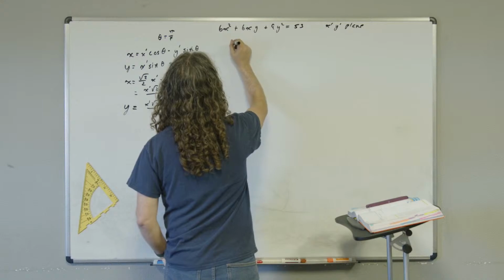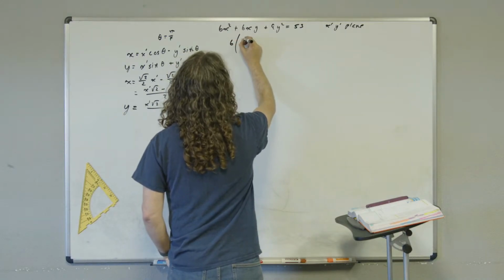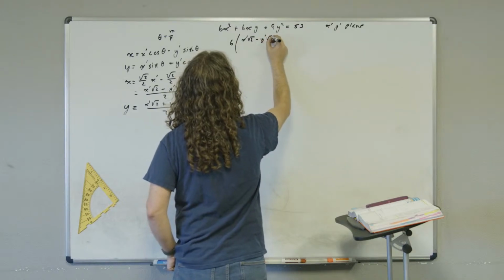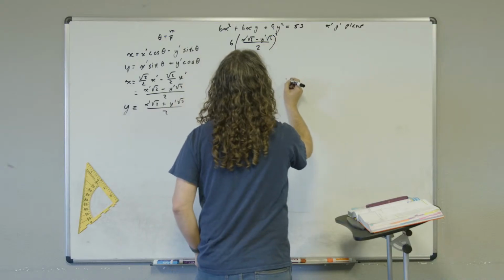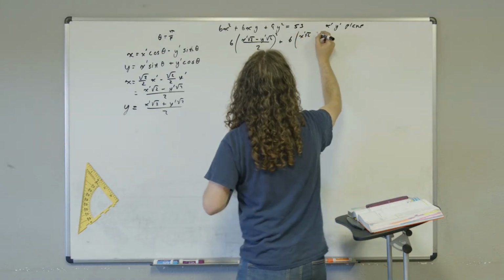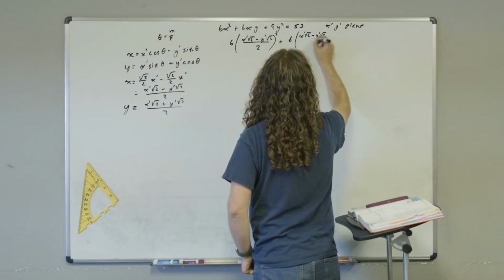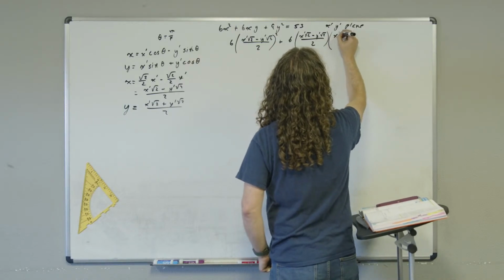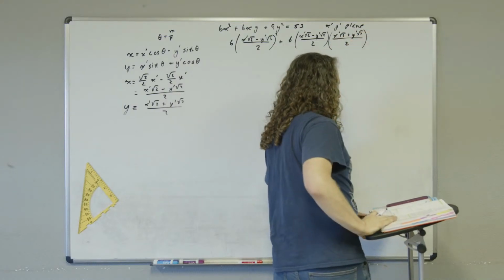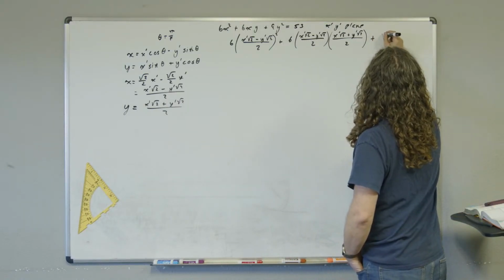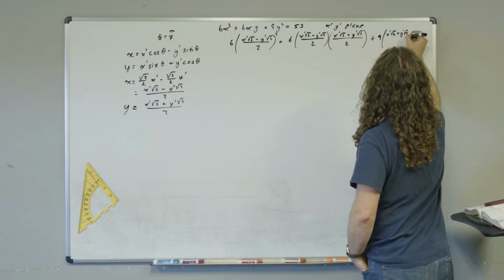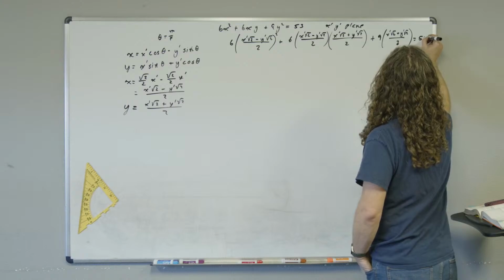So, it would be 6 times x prime square root of 2 minus y prime square root of 2 over 2 quantity squared, plus 6 times x prime square root of 2 minus y prime square root of 2 over 2 times x prime square root of 2 plus y prime square root of 2 over 2, plus 9 times x prime square root of 2 plus y prime square root of 2 over 2, squared, equals 53.